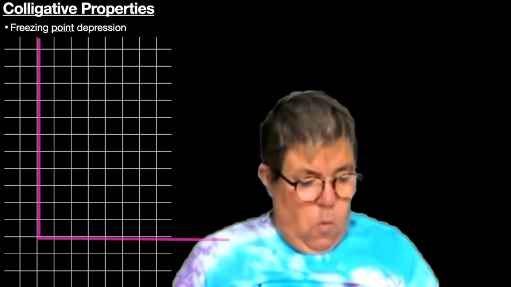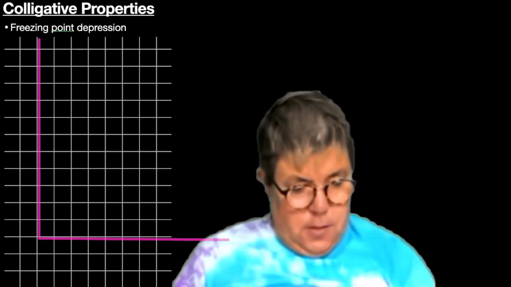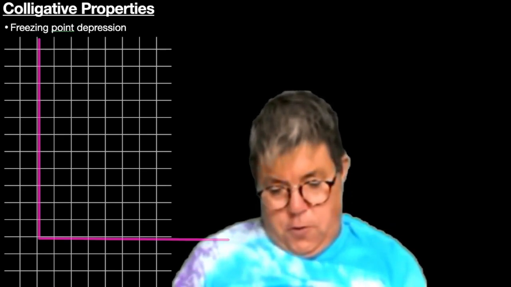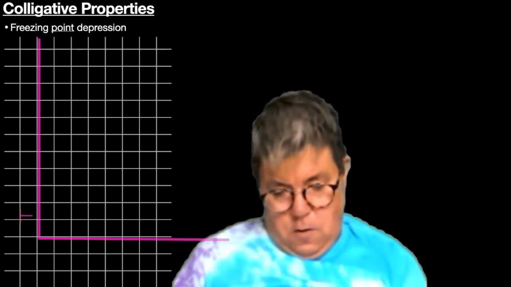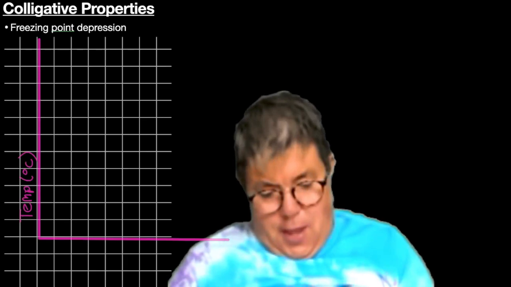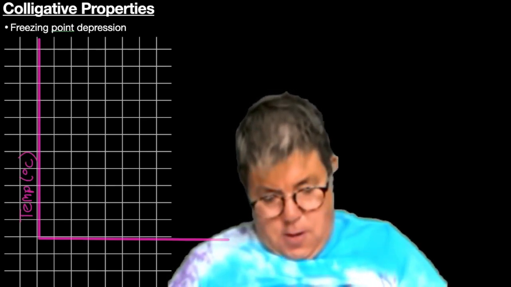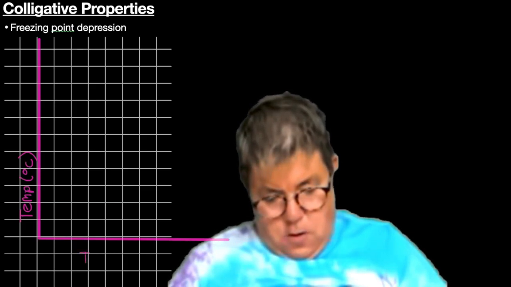Let me draw my x-axis right here. There we go. Okay, so on the y-axis, we're going to label this temperature, degrees Celsius. On the x-axis, we're going to have time in seconds.